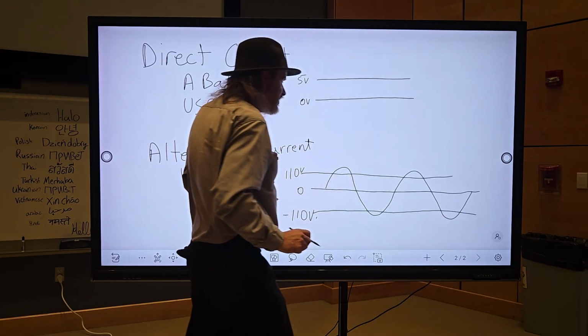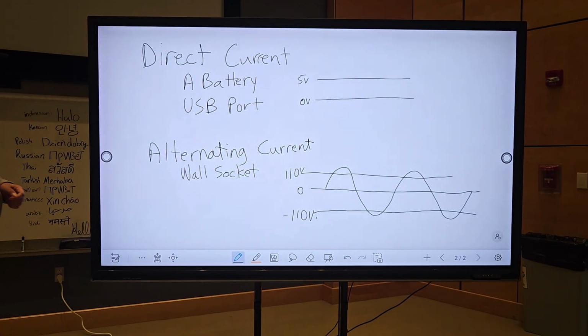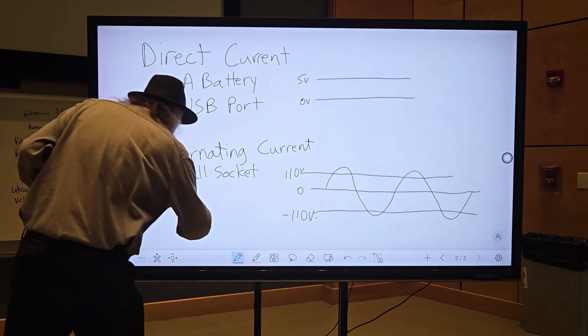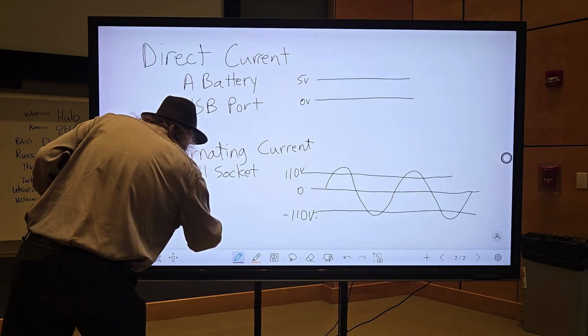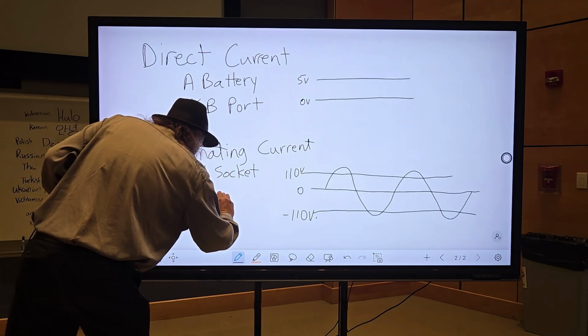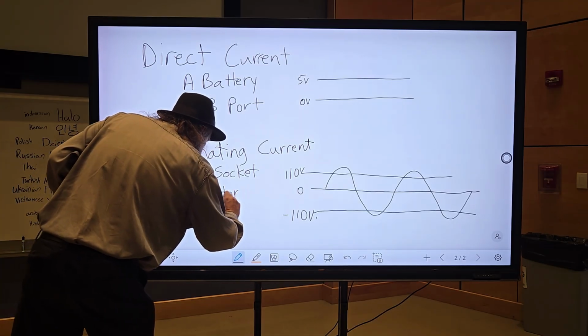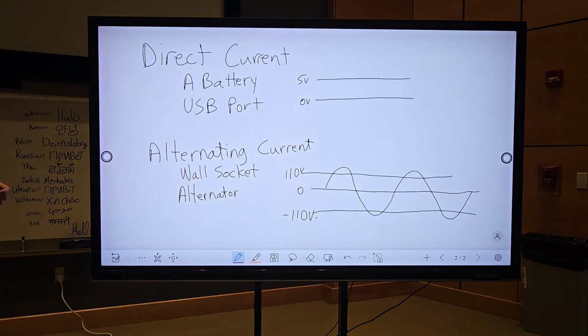It'll alternate between the two. Another example of alternating current would be the alternator in your car. Generators in power plants generate alternating current.